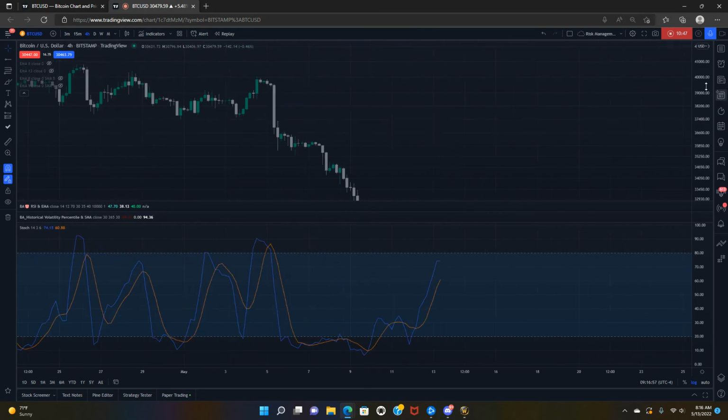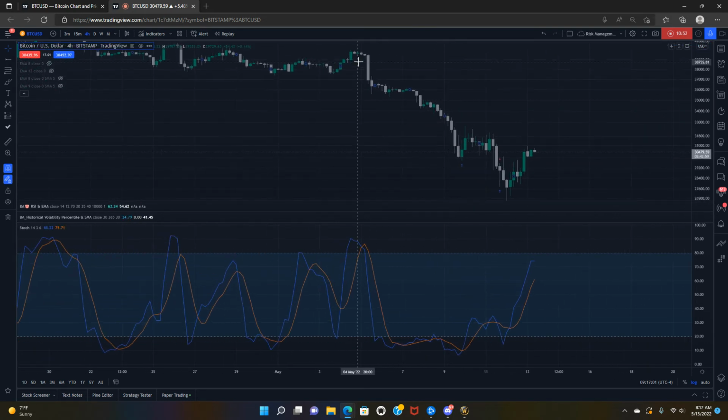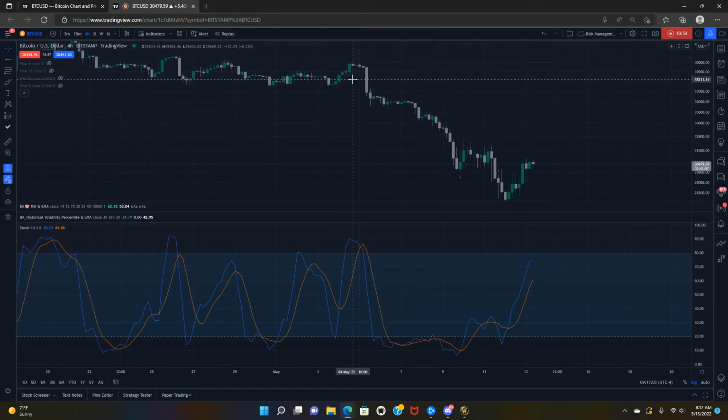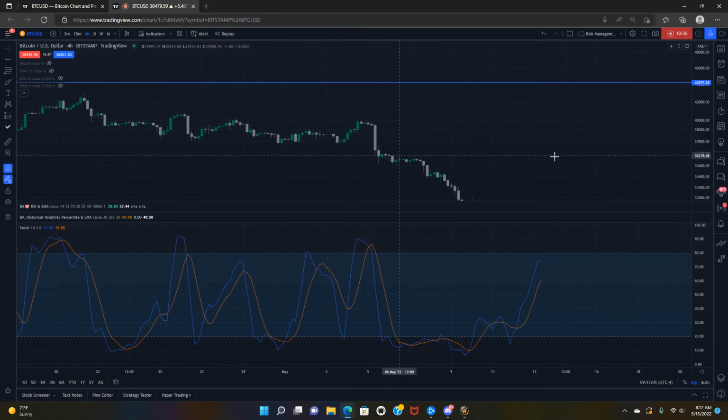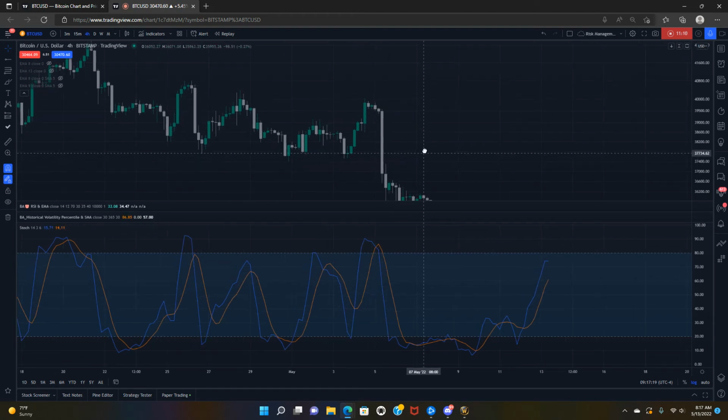And then really you get an ideal situation here, which is, you had the FOMC meeting, and then Jerome Powell announced the interest rate rise. And you see a brief run above the liquidity here. And then you hit the 80 read, cross down from the 80 read.